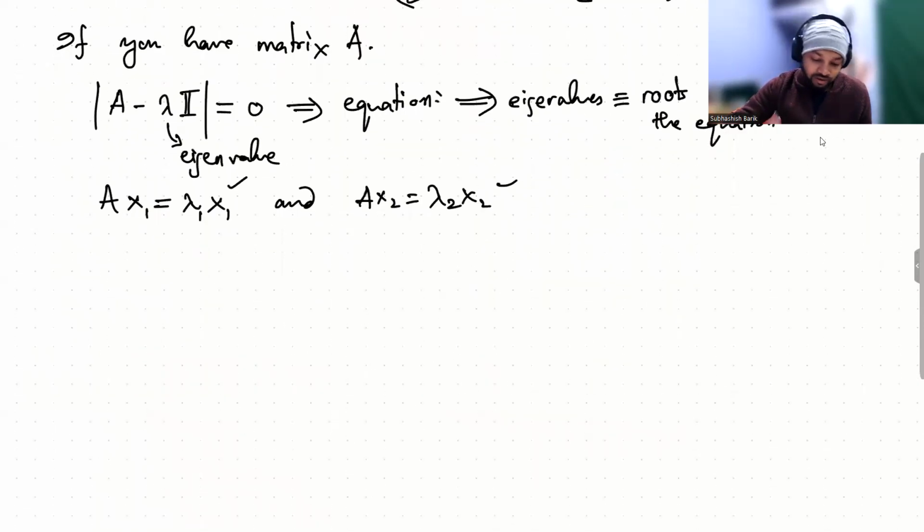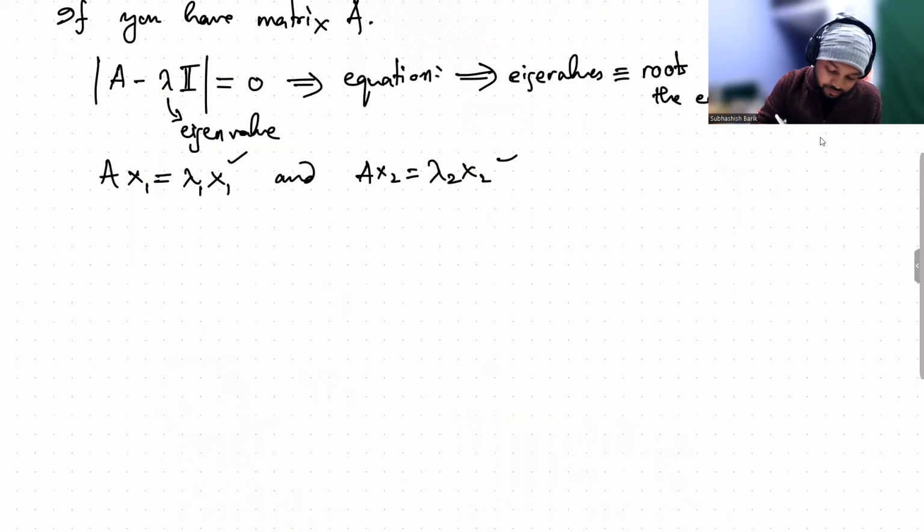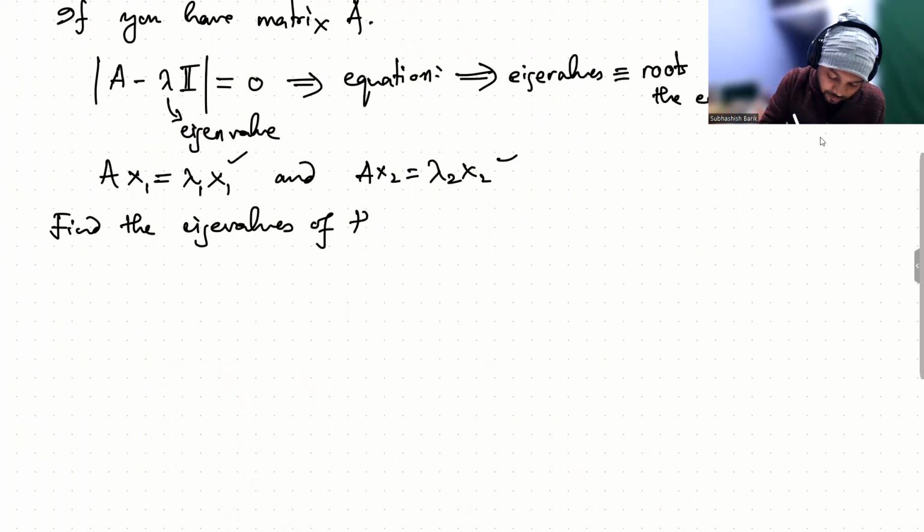I will strongly encourage you to find the eigenvalues of the following matrices. These are in fact very important matrices. Just for practice, you could check the identity matrix even.